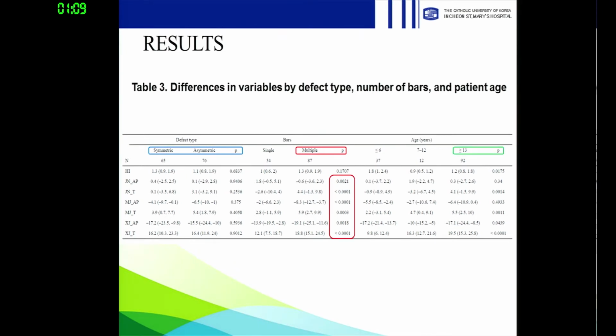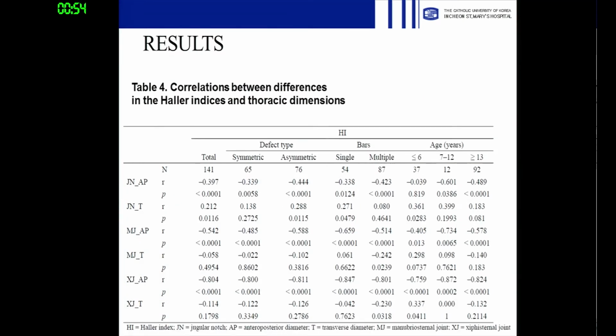In patients over 13 years of age, postoperative T diameter at all three points decreased significantly compared with preoperative value. You can see the overall differences in Haller index correlate negatively with difference in the AP diameter at all three points, regardless of preoperative defect type and number of bars.